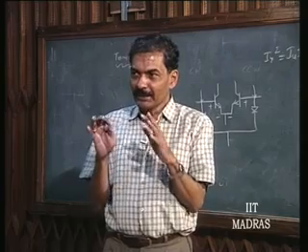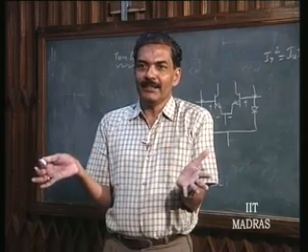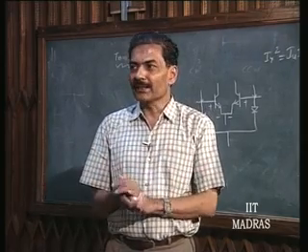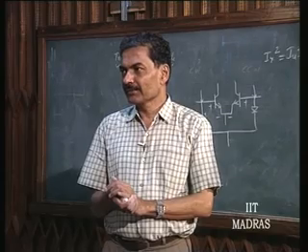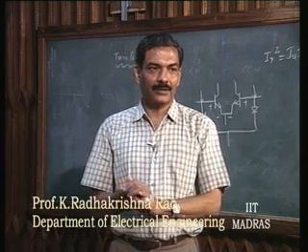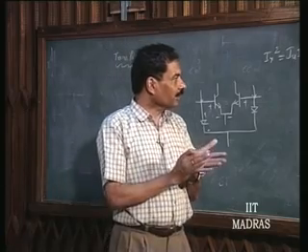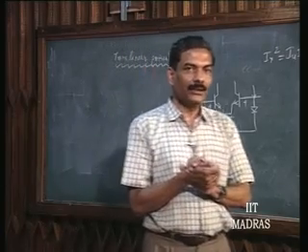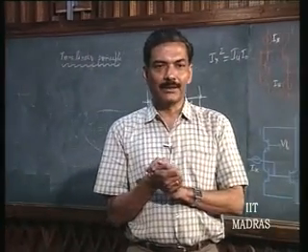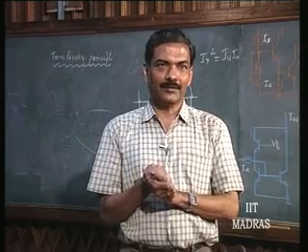So, you can just look at the circuit and arrive at the solution if you know the translinear principle. Okay. So, we will further learn about the use of this translinear principle in current mode operation of circuits in the next class. Thank you.